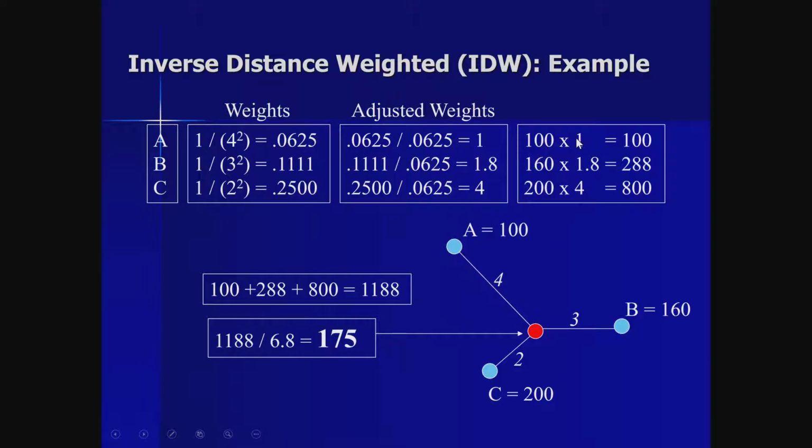And then multiply everything by those weights, add those up, and then divide by the sum of the weights. So 6.8 is the sum of the weights.